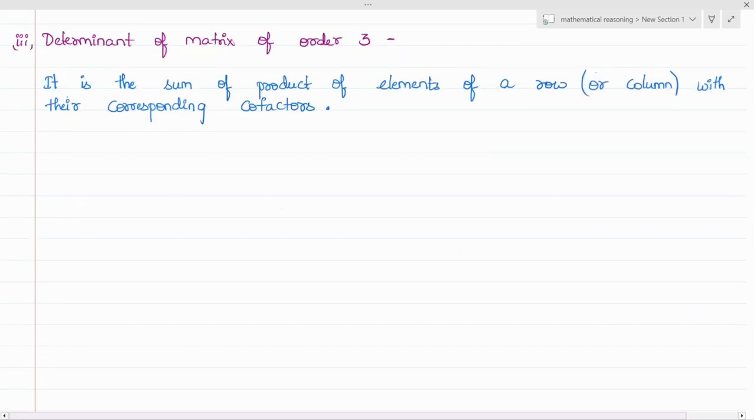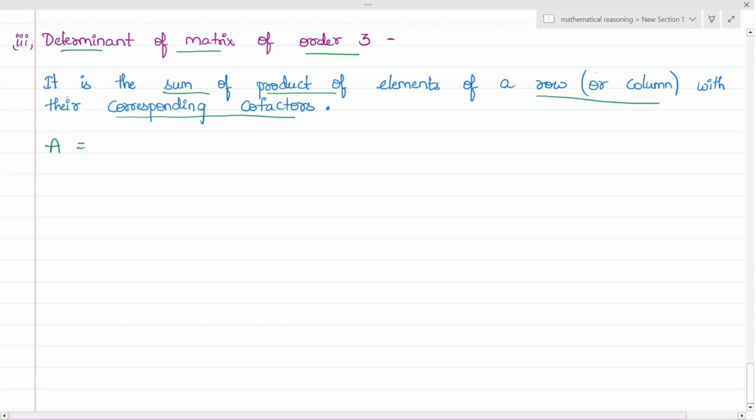Now let's see the third case, that is determinant of matrix of order 3, that is 3 cross 3 matrix. It is the sum of product of elements of a row or a column with their corresponding cofactors. This definition looks something complicated, so let's take an example.